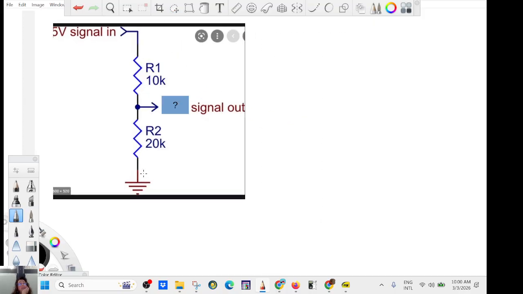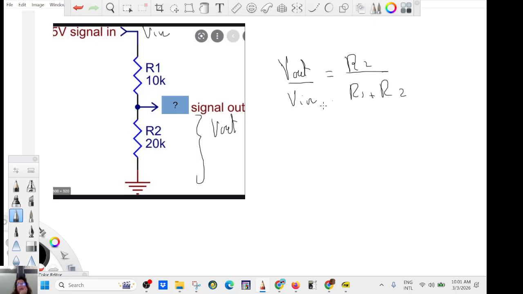So it's a voltage divider. This is V out. This is V in. So I'm going to say V out is to V in what? You see, this goes with V out. So what? R2 is to R1 plus R2. So V out is to 5, R2 is to R1 plus R2.